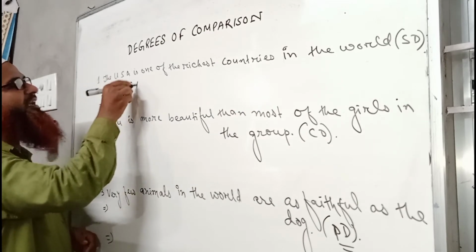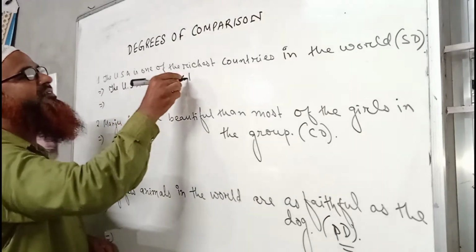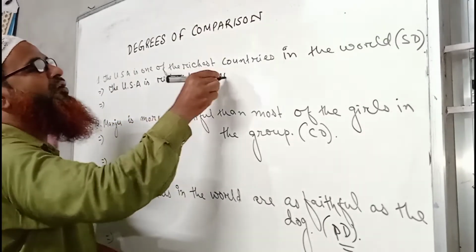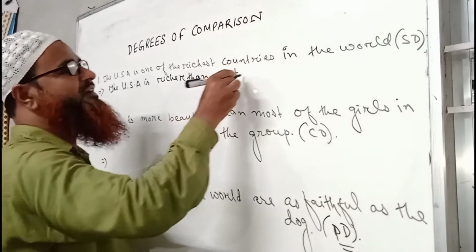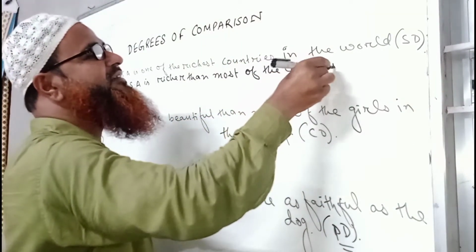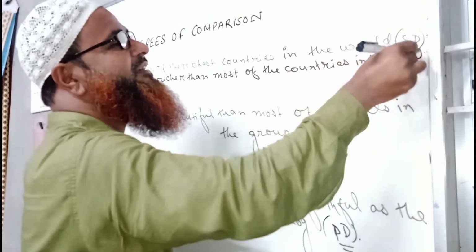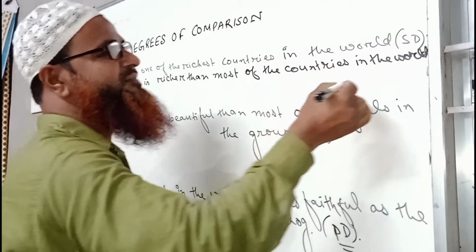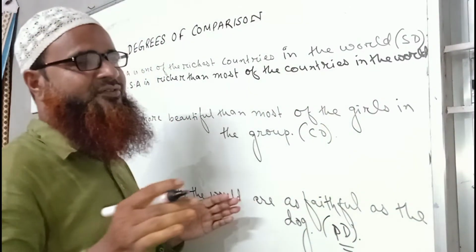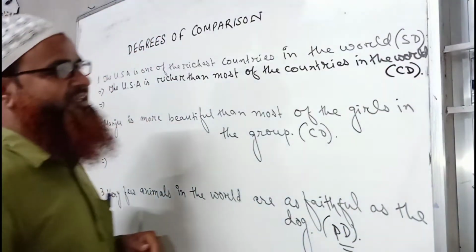The USA is richer than most of the countries in the world. So very easy to understand, but just you must be a little bit careful. So this will be comparative degree.